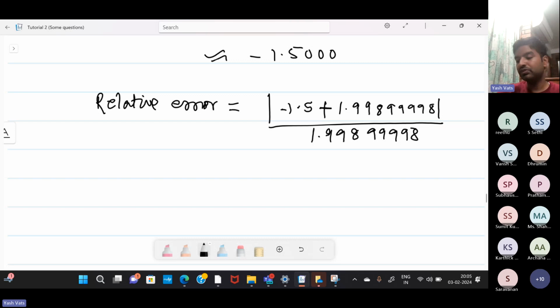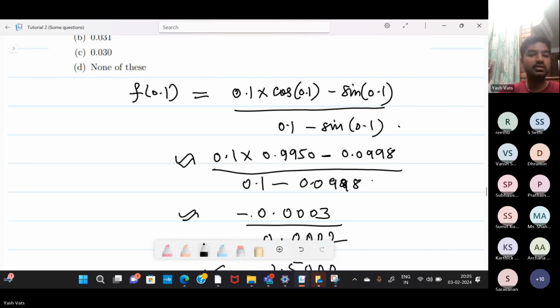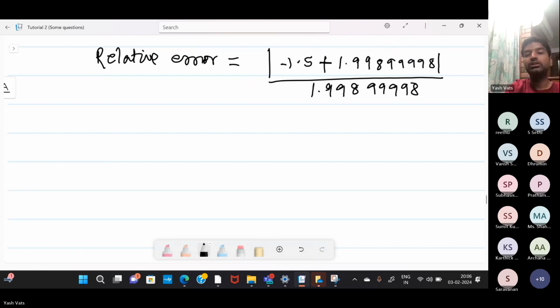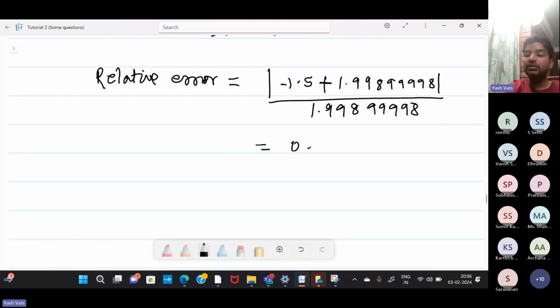So it should be 0.2496. I think 0.2496 should be the right answer. Maybe you can check if there is any error in the calculations.